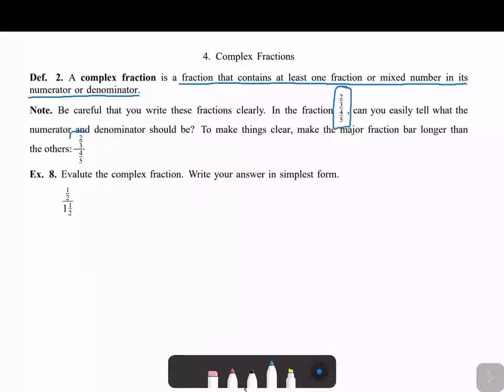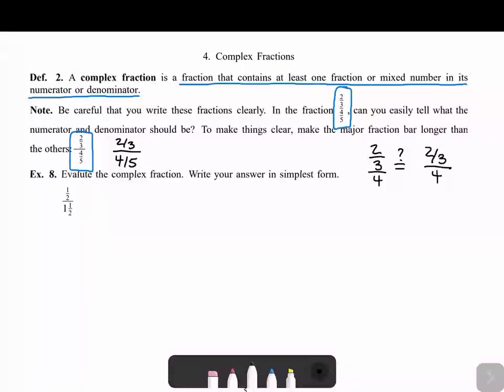However, if you write this as 2 over 3 over 4 over 5, where the major fraction bar is longer than the others, this is clear that this is 2 over 3 divided by 4 over 5. But if you just write everything as the same size, for example, if you're just looking at 2 over 3 over 4, well, is this equal to 2/3 divided by 4?